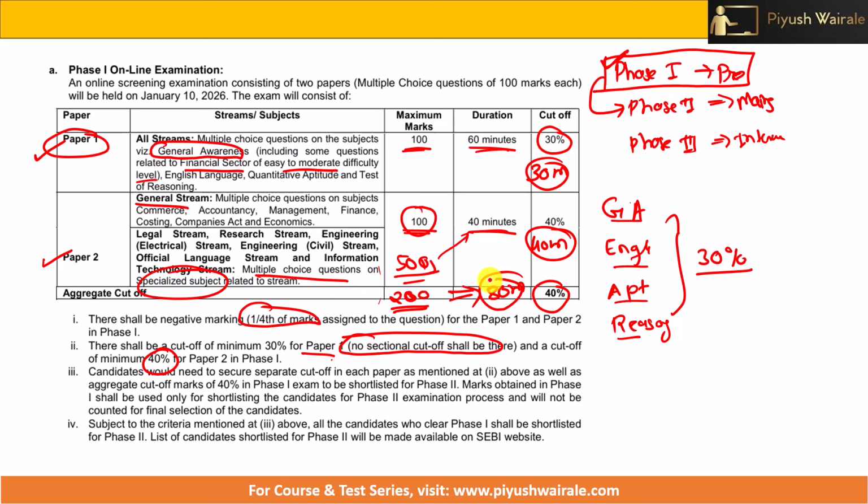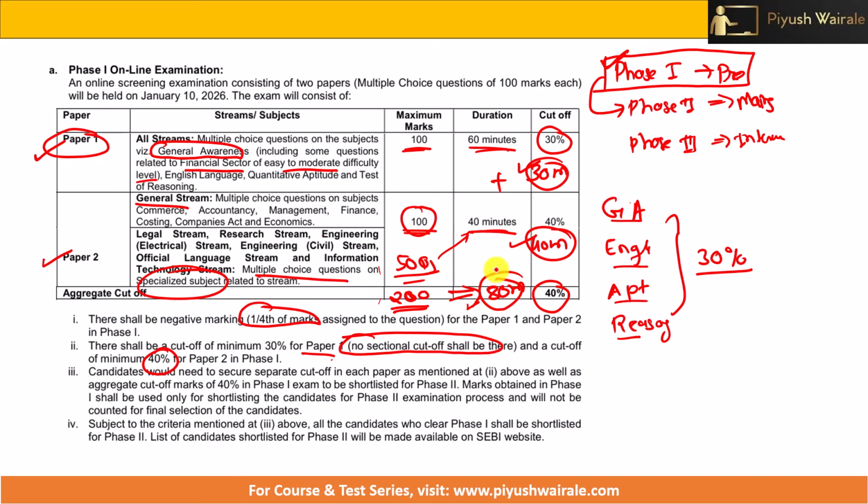That's it. There is no merit list. You just have to qualify phase 1. This is a qualifying exam. So in paper 1, you have to get 30 marks, and in paper 2, at least 40 marks. But together, paper 1 plus paper 2 should be 80 marks.